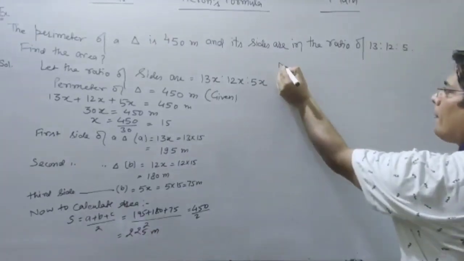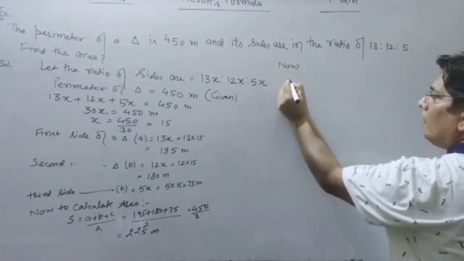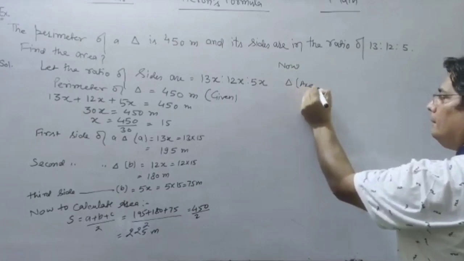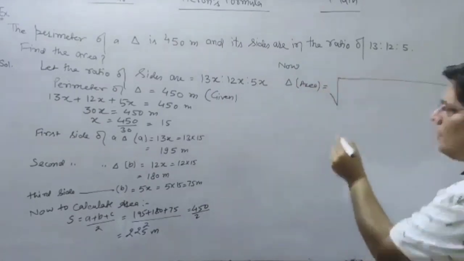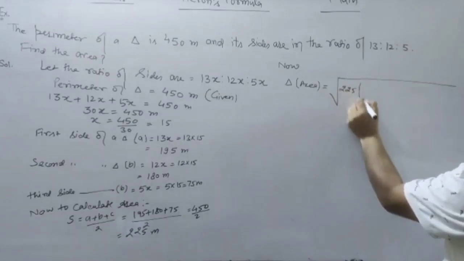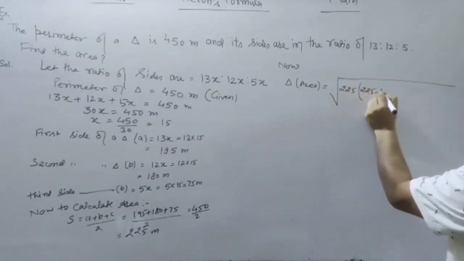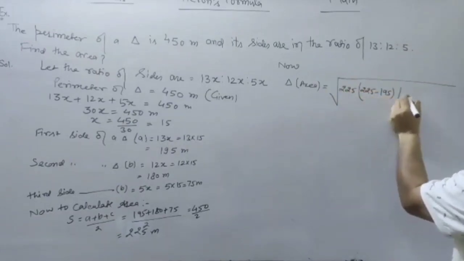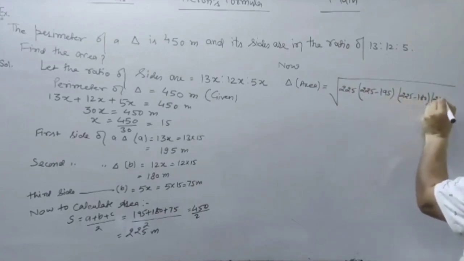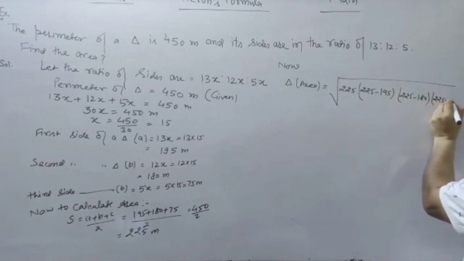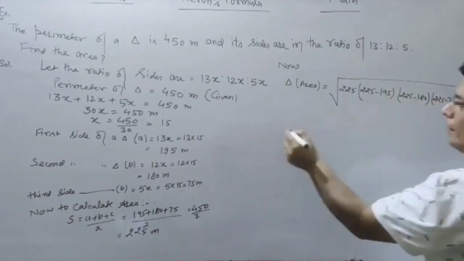Now the area: square root of s into s minus a, s minus b, s minus c. That means 225 into 225 minus 195, 225 minus 180 and 225 minus 75.